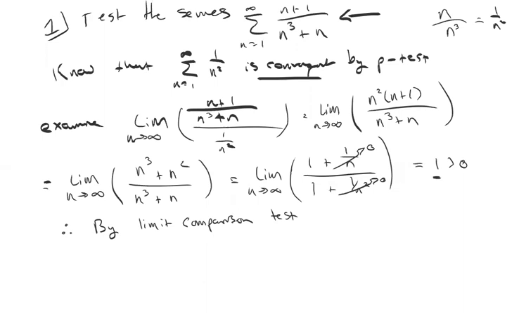And since we acknowledge that 1 over n squared is convergent, we can conclude that by the limit comparison test, the series n equals 1 to infinity, n plus 1 over n cubed plus n is convergent. Okay.